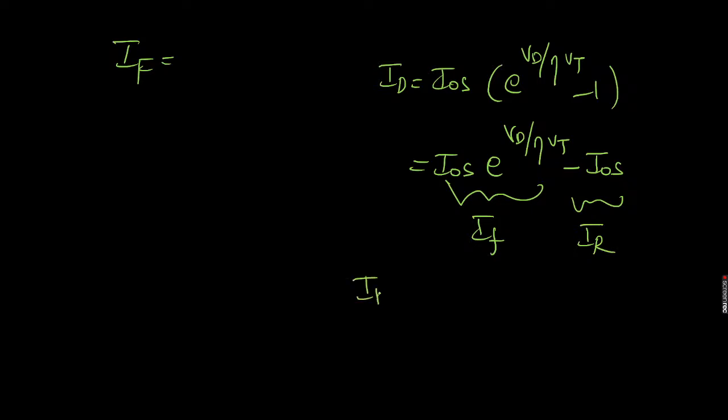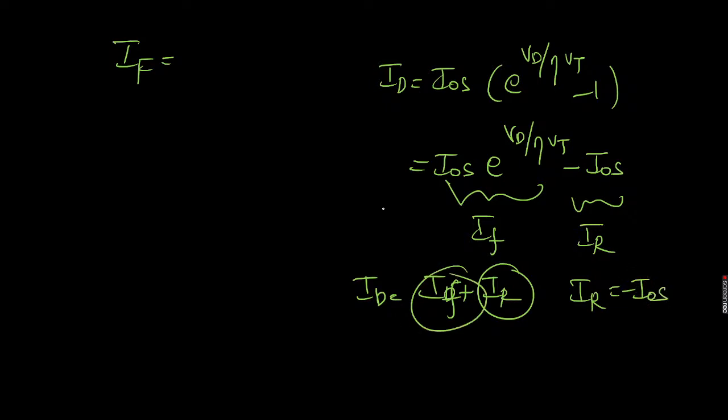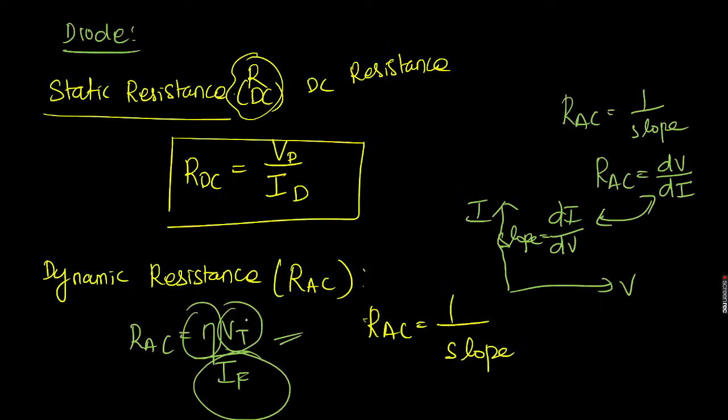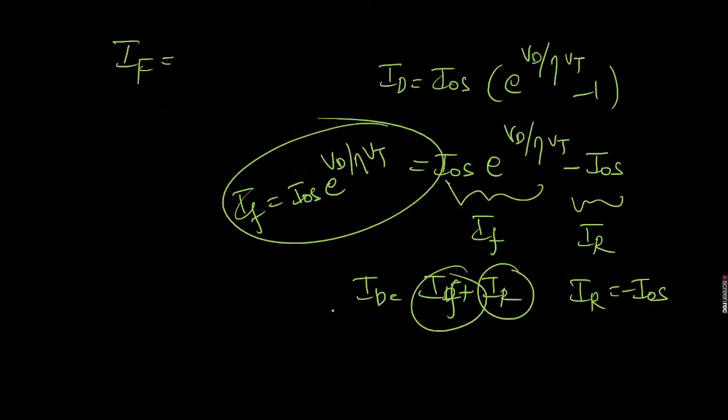That is the total current, the combination of forward current and reverse current. The reverse current IR equals minus IOS. The forward current equals IOS into e power VD upon eta times VT. That is the formula to obtain the forward current.